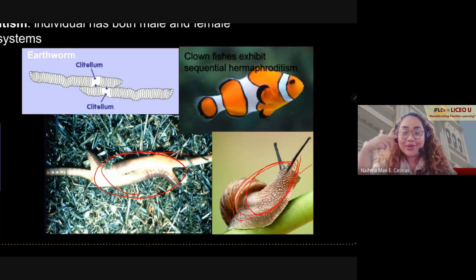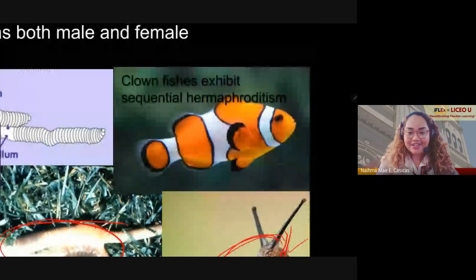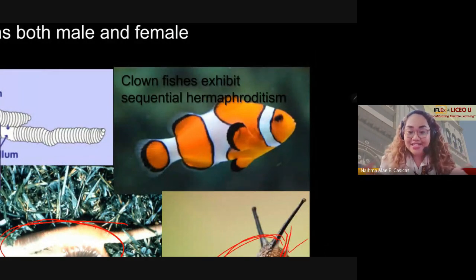All right. So that is the case for the snails. For the clownfishes, it is different. Clownfishes are sequential hermaphrodites. What does that mean?